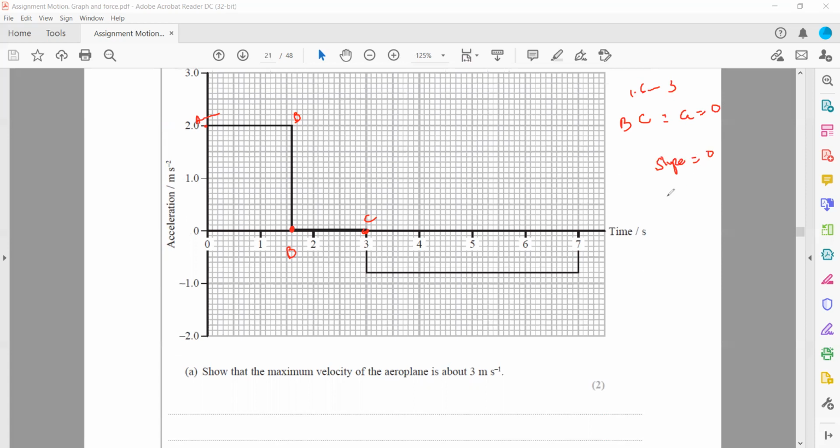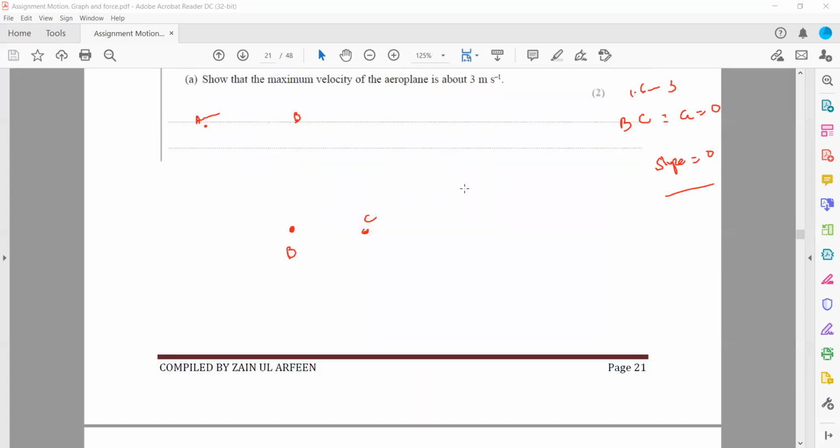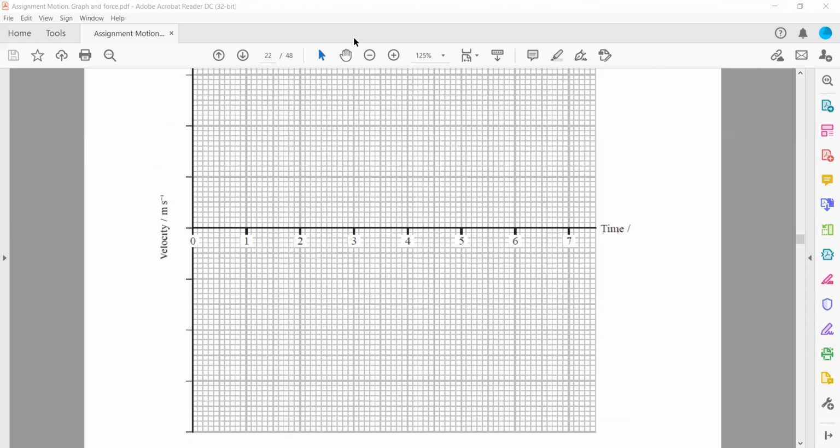So slope 0 means we will have a horizontal line. Originally it was a straight line till 1.6 seconds with a maximum of 3, and then from 1.6 to 3 seconds it will be a horizontal line, meaning the slope is 0, acceleration is 0, and the object is moving at a constant speed.